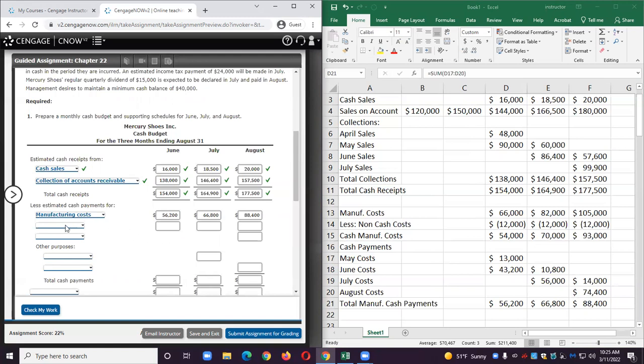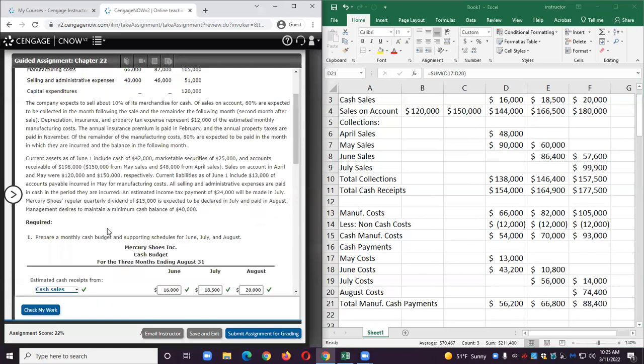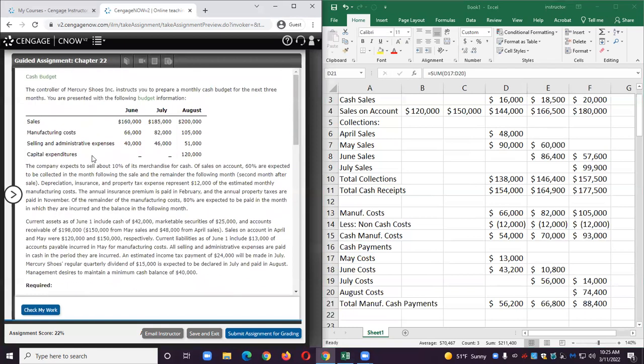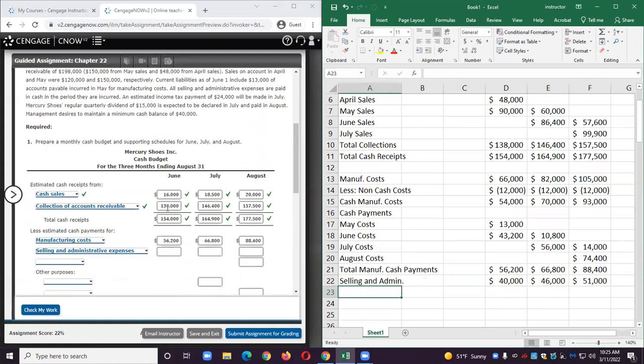We're also going to have cash payments for selling and administrative expenses. And those are actually just given to us, so those are just straight up. So I'm just going to put that here.